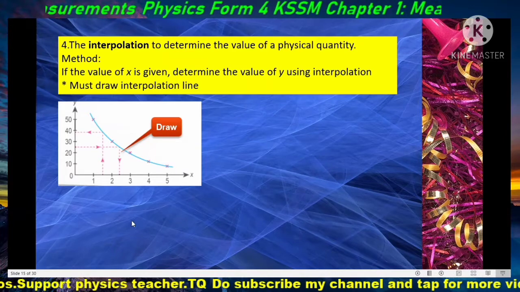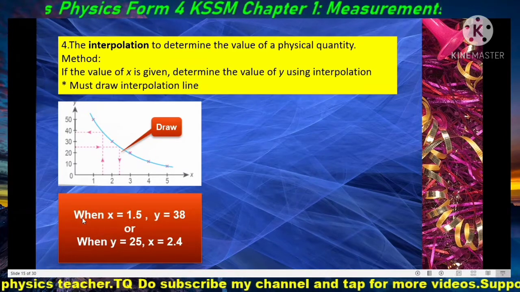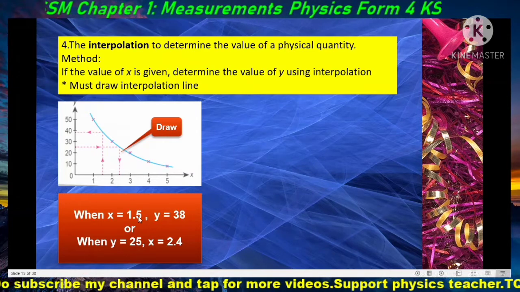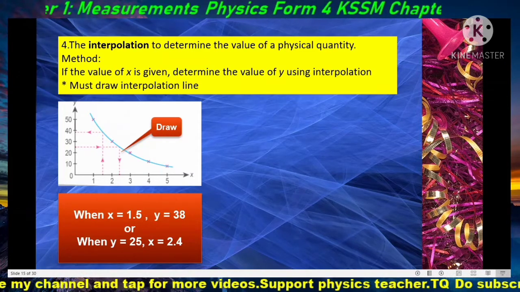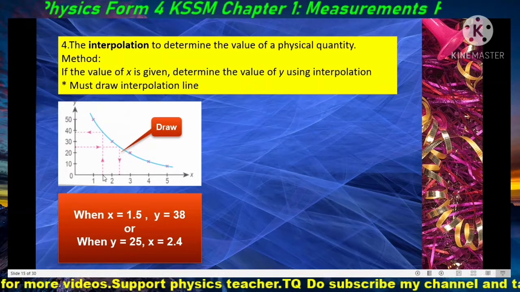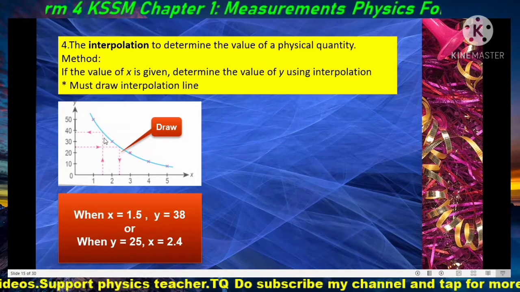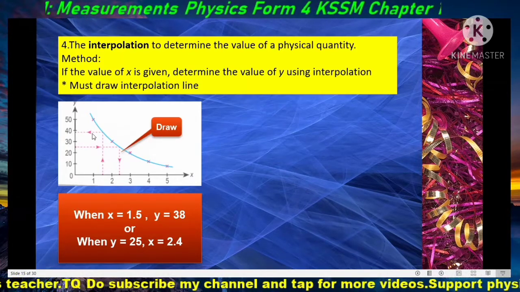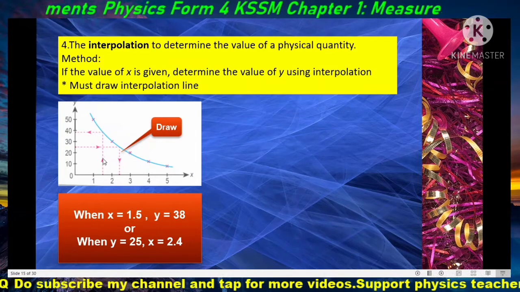Okay, let's say when x equals 1.5, you need to find the value of y. So this is 1.5. What you do, you draw a line. Normally for an interpolation line, we use a broken line. So this is the interpolation line.